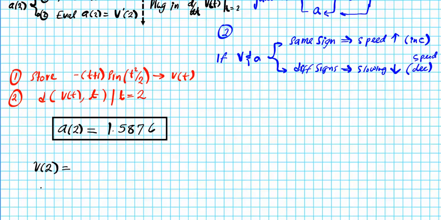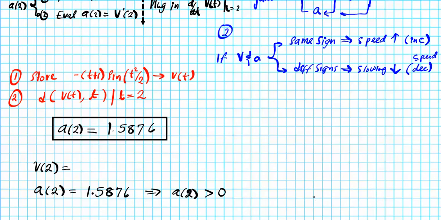We already know that a of 2 is equal to 1.5876, which implies that the acceleration at t equals 2 is positive, greater than 0. In order for the object to be increasing in speed, or speeding up, the velocity must have a positive sign, okay? If it's 0 or negative, then we cannot conclude that it's speeding up.